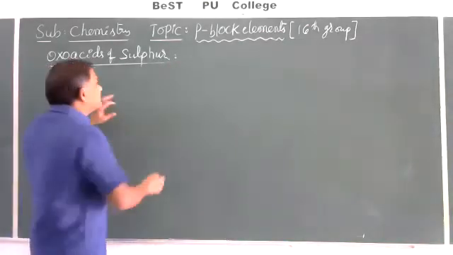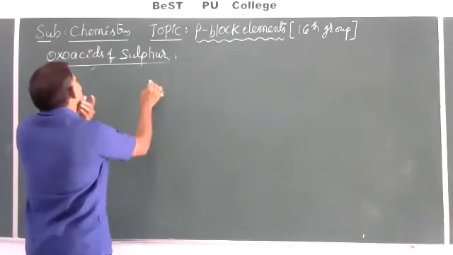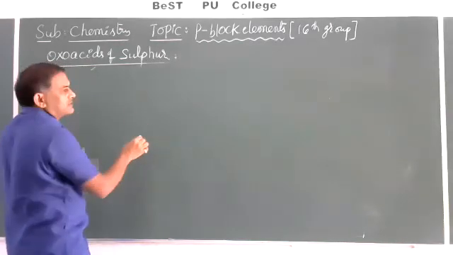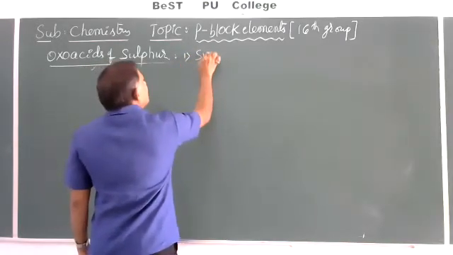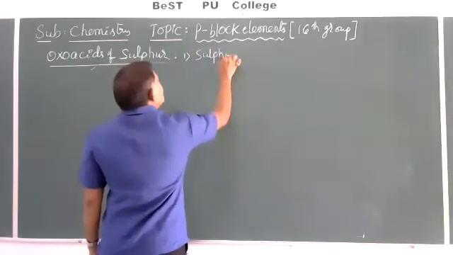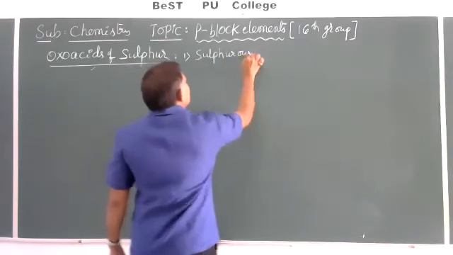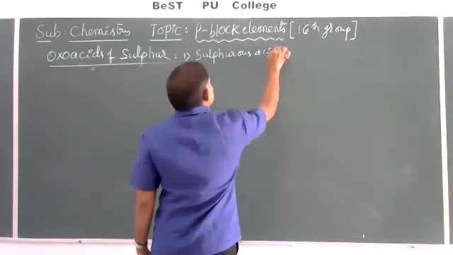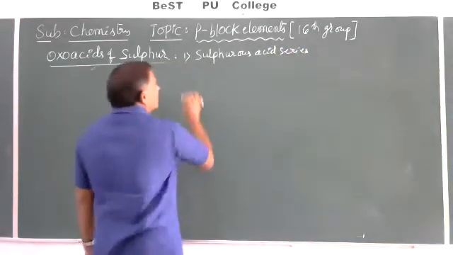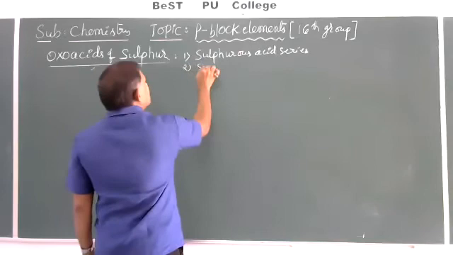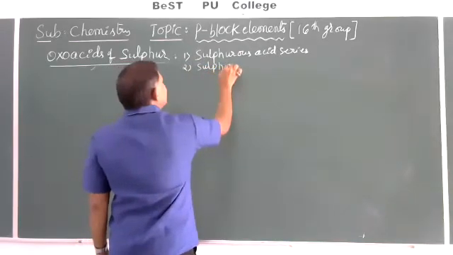These oxoacids are classified into four important classes. First one is sulfurous acid series. Second one is sulfuric acid series.